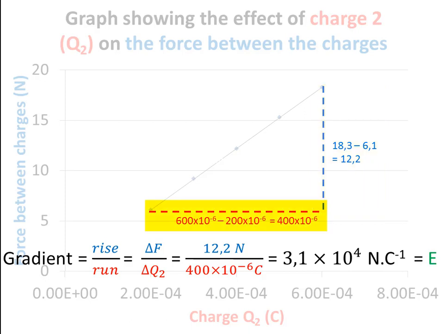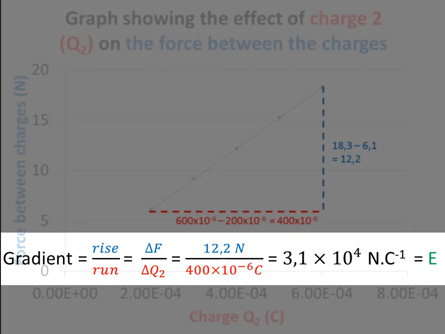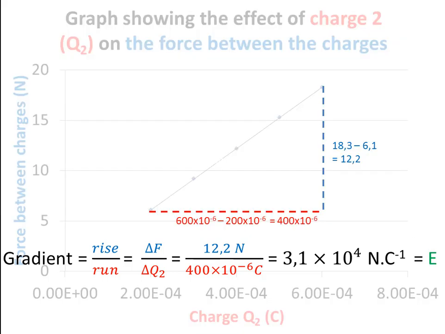Our highest minus our lowest value for the coulomb values of Q2, 600 times 10 to the power minus 6 minus 200 times 10 to the power minus 6 gives 400 times 10 to the power minus 6 coulombs. 12,2 newtons per 400 times 10 to the power minus 6 coulombs is equal to 3,1 times 10 to the power 4 newtons per coulomb, which is the electric field strength that Q2 experiences from the controlled Q1 value. So again, the gradient of the graph gives us the electric field strength.